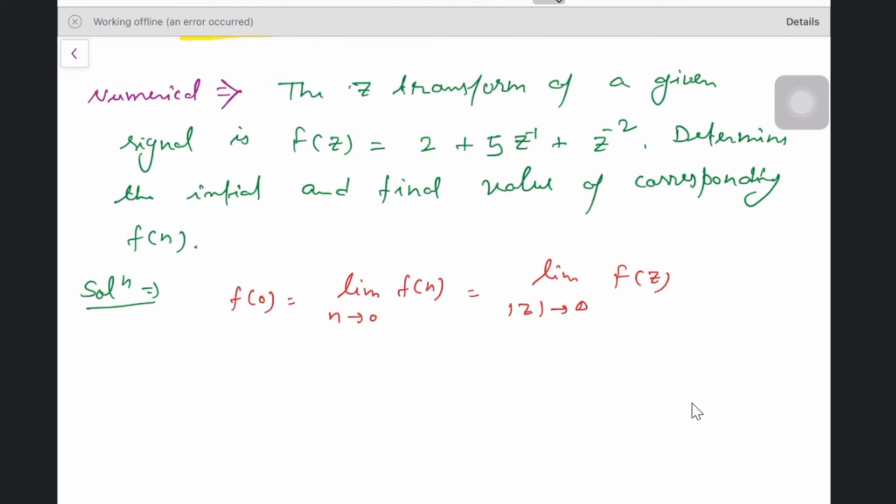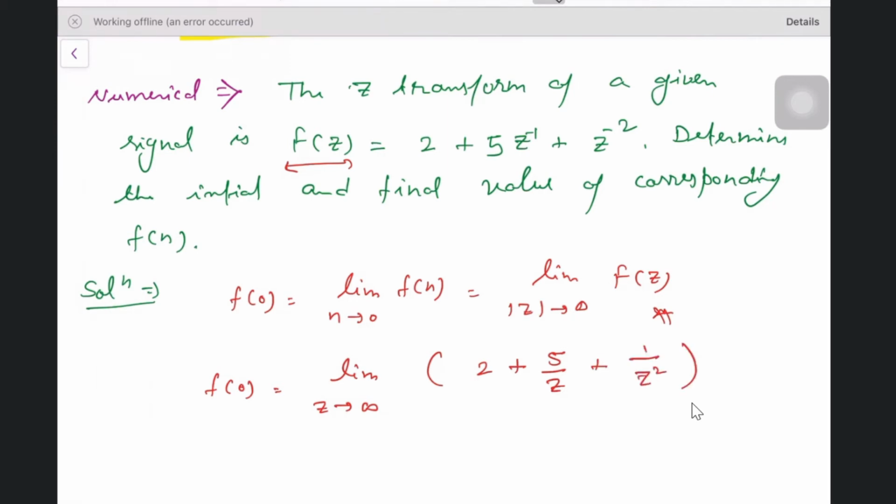In this question f of z is given, so we can use this one. So f of 0 will be limit z tends to infinity 2 plus 5 upon z plus 1 upon z square.